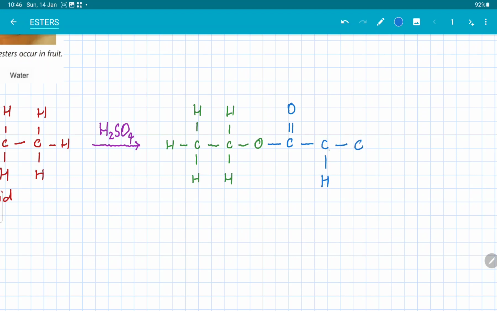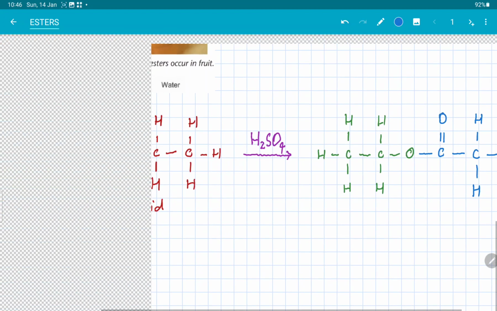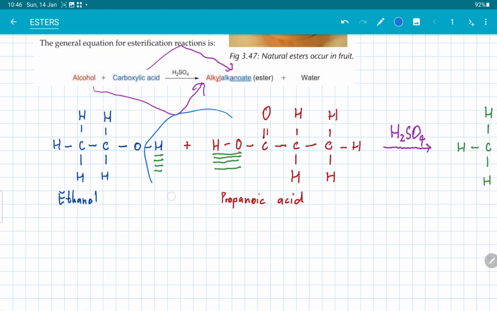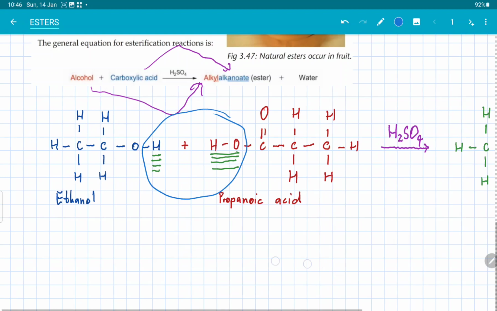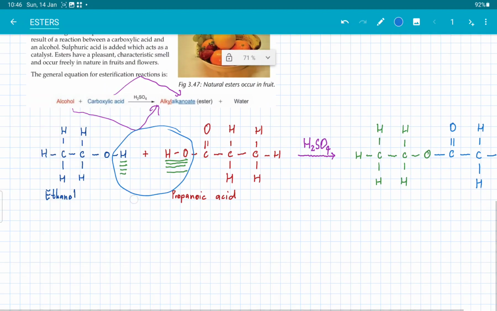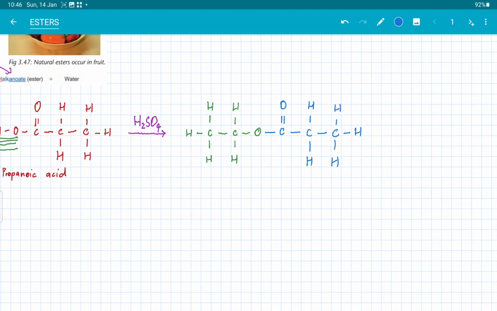These 2 parts, remember this part was eliminated, so they join to form a singular molecule, which is the ester.